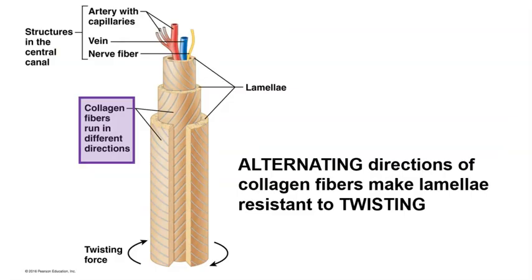Minerals like calcium carbonate and calcium phosphate are not the only material that make up the lamellae. The lamellae also contain collagen fibers within them. We see that the collagen fibers run in different directions, that is, they run in the opposite direction in adjacent lamellae. This helps make the entire osteon resistant to twisting in any direction, either clockwise or counterclockwise.